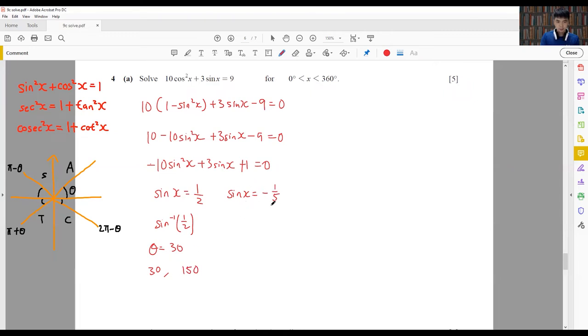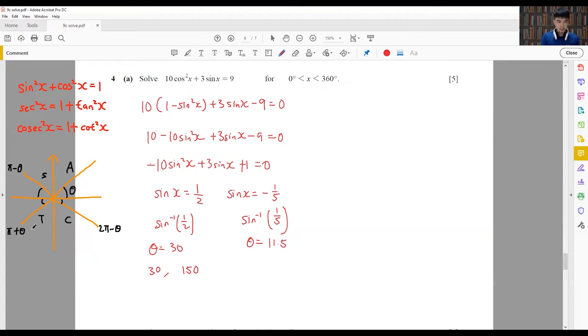The second part: ignore the negative, just use 1/5 first to find theta. Theta is inverse sine of 1/5, which is 11.5.